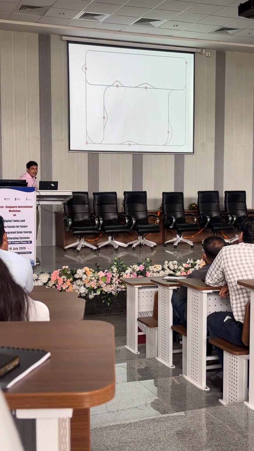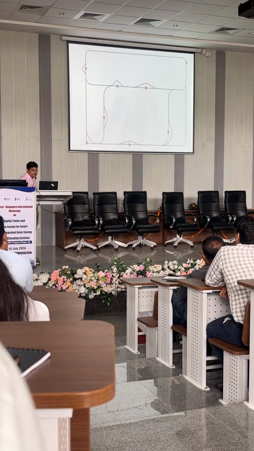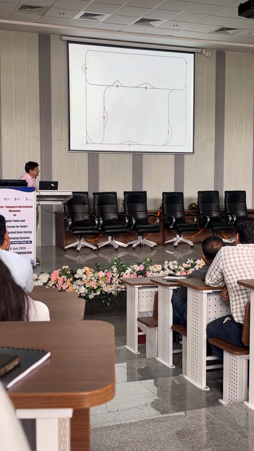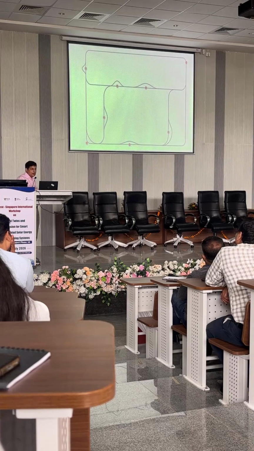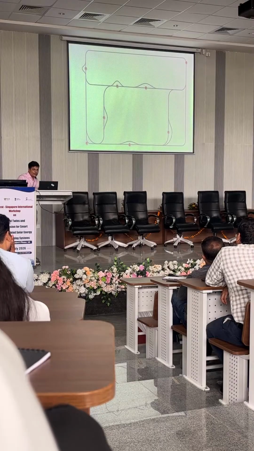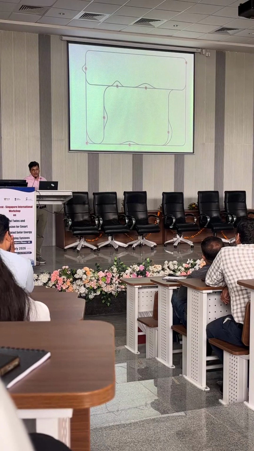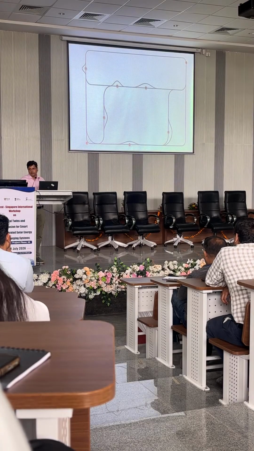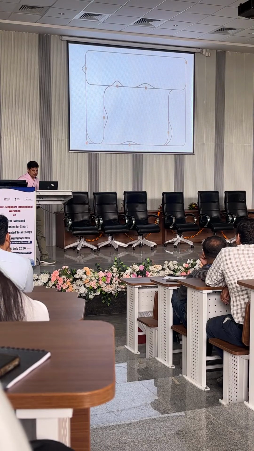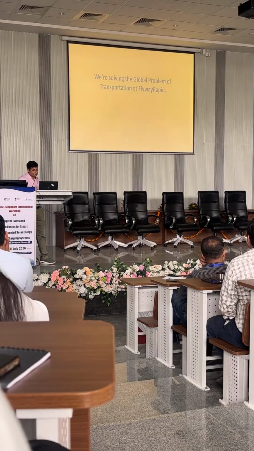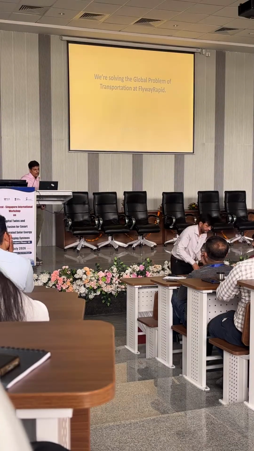You could also have a bidirectional network where, instead of one line going, you have two lines close to each other that are going in opposite directions. I'm just keeping it simple for the purpose of our understanding, but yes, you can have different types of networks. You can have elevated lines, you can have underground lines, you can have all kinds of options. So that's what we are working on.